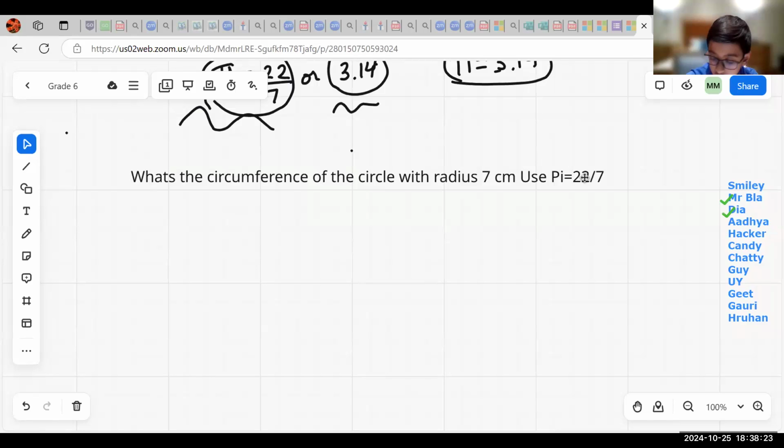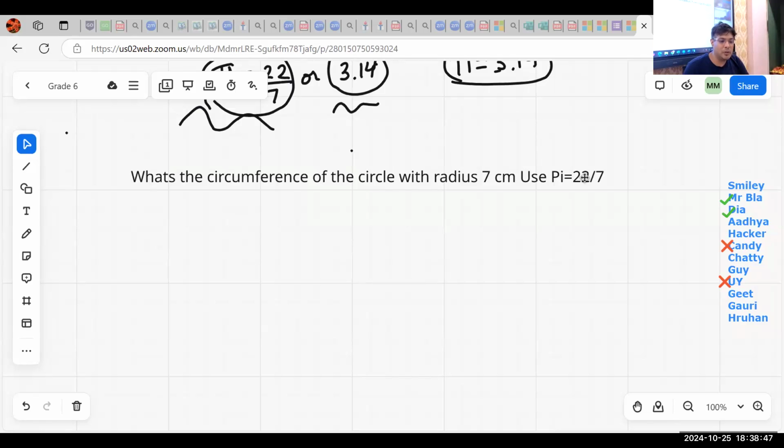So, sir, why do we even use that? Because sometimes that form is better to use. If we use all the digits, or even more digits, it becomes very complicated. In your school, you will use 3.14 only.